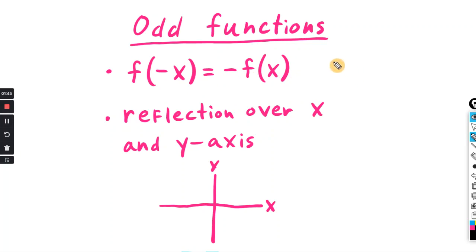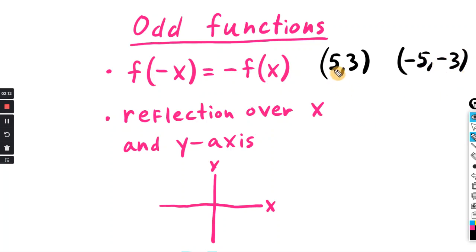Let's say you have the point 5, 3. Right here we plugged in 5 for x and got 3. Let's say you plug in negative 5 instead of positive 5. So that's going to be negative x, and that will give you the negative y value. So this is going to be negative 3.